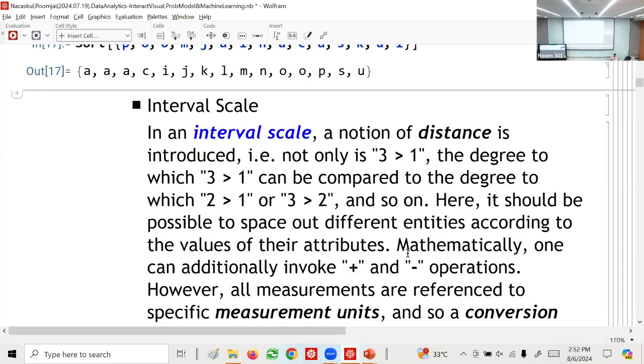Now, can you say that a gymnast who gets a 9 and the other one gets an 8 is 9 divided by 8 times better? Can you do that? You can't really, because this scale is kind of arbitrary, right?